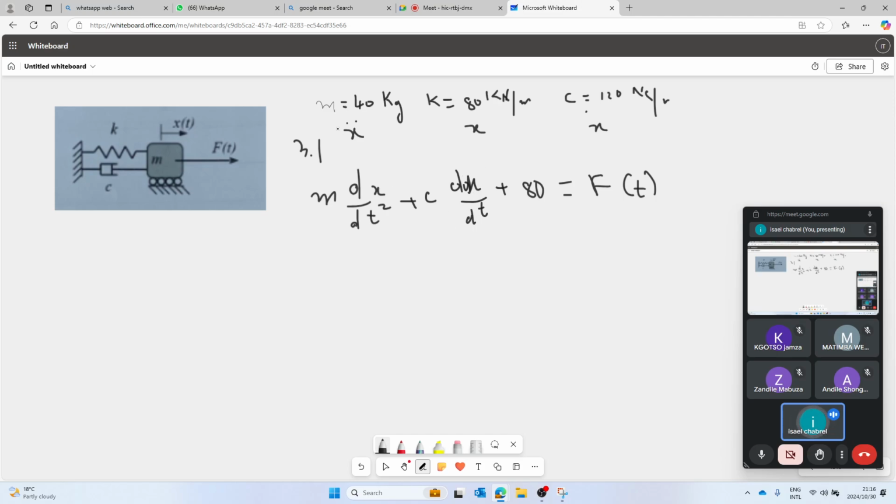Now, because m is mass times acceleration, that's the reason why m goes with d squared x over dt squared. And remember, k is a constant, it goes as kx, that's why it's only written 80x, equal to f of t. This is the differential equation that we are supposed to write, and it is 2 marks.